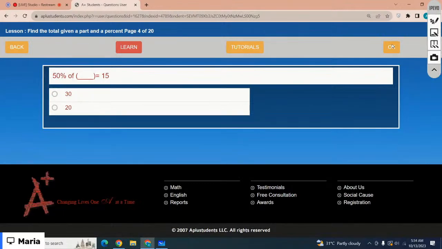50% of dash is 15. Which is the correct option? 50% means half. 15 is half of what number?